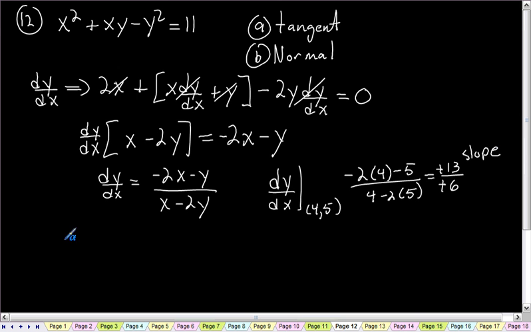Now we use the equation y is equal to y1 plus slope times x minus x1. That's the equation that is tangent to this function at 4, 5. For y1, we know the y is 5, plus the slope is 13 over 6, times x minus our x1, which is 4.